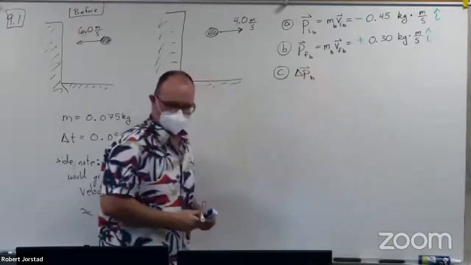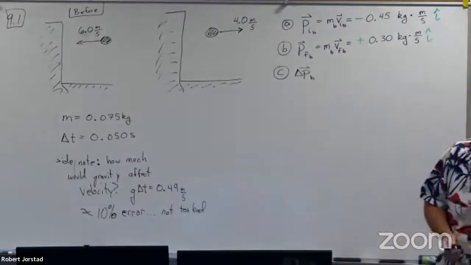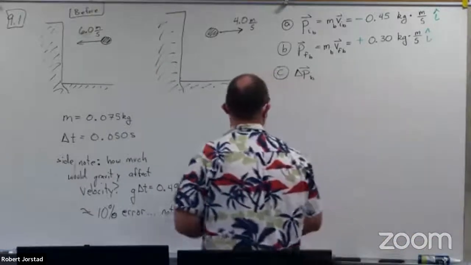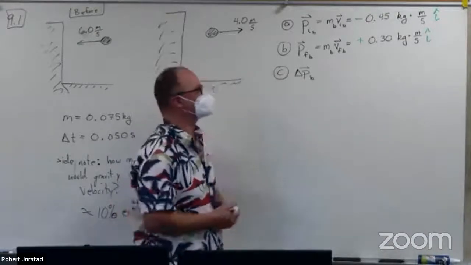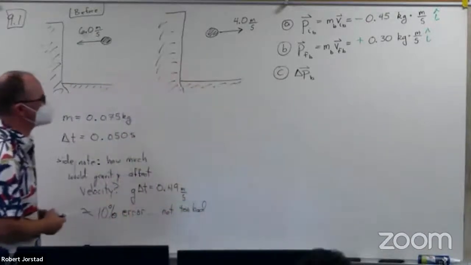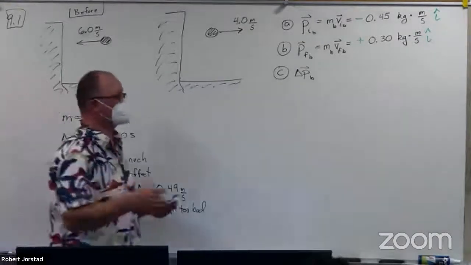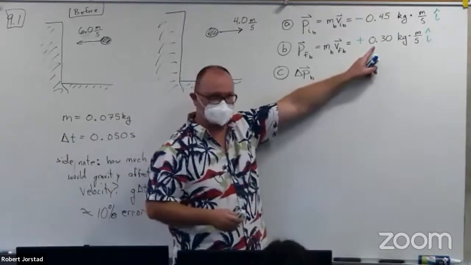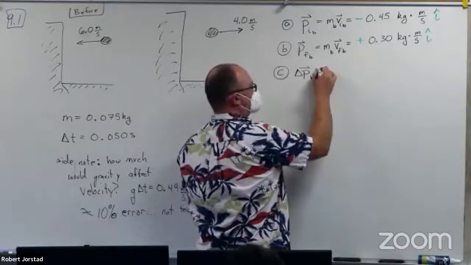I'm assuming we're supposed to get delta P of the ball next. Is that right? Yep. Change in momentum. What's it going to be? Exactly. That's what I was looking for. It's not 15. It doesn't change by 15 here. Look, you gotta just trust the math.